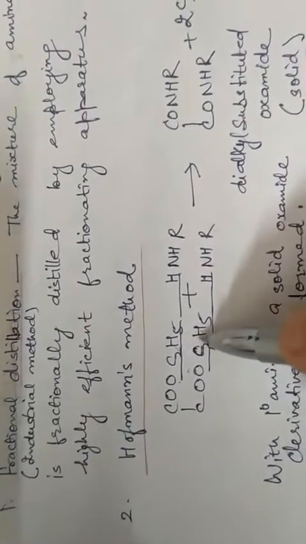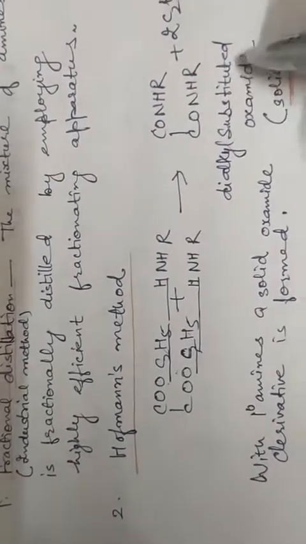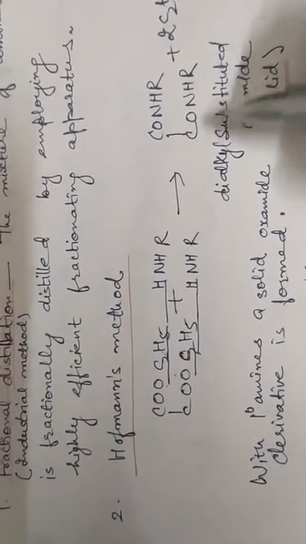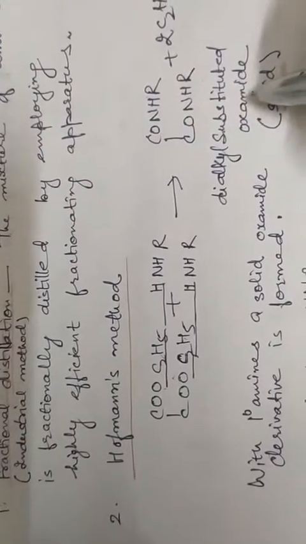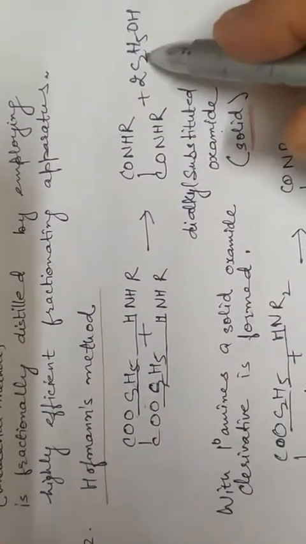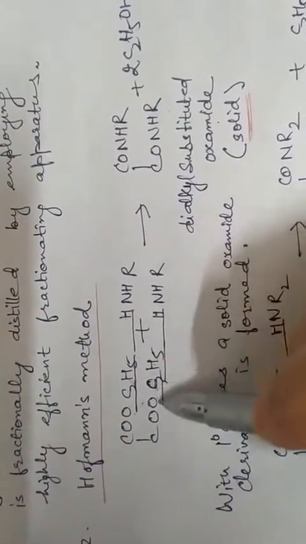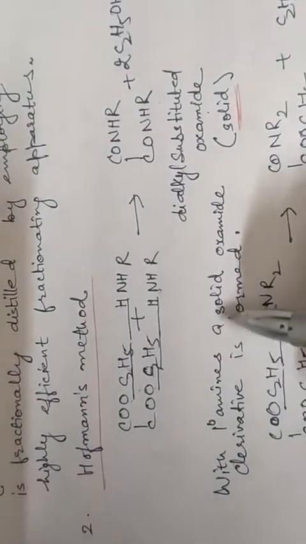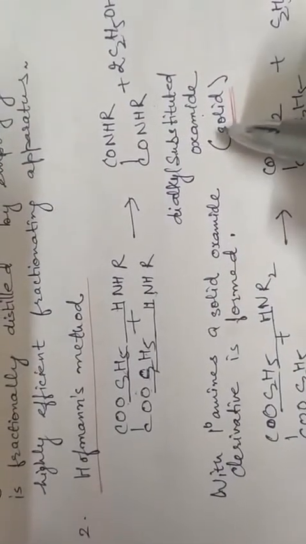When a primary amine reacts with diethyl oxalate, it gives a dialkyl substituted oxamide, a derivative of oxalic acid, oxamide, CONH2, along with the formation of ethyl alcohol, C2H5OH. Now the primary amine has formed a solid oxamide derivative.